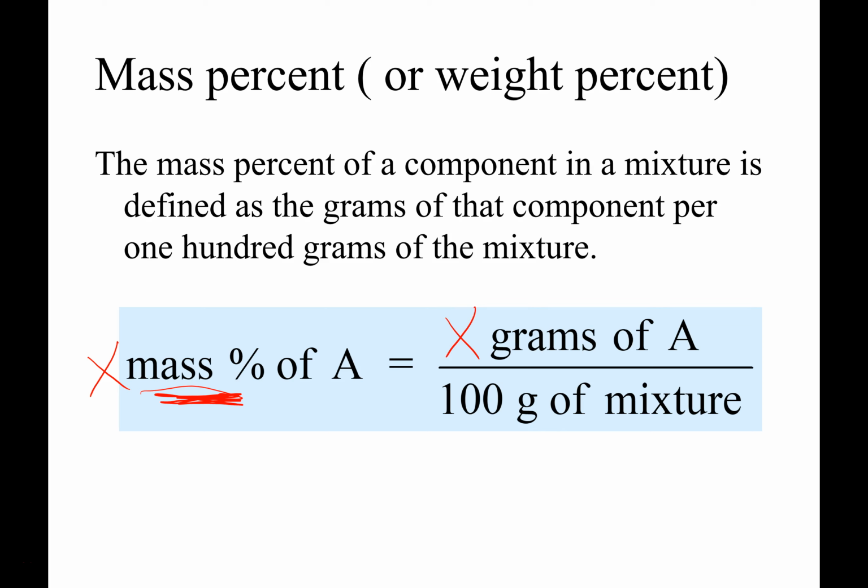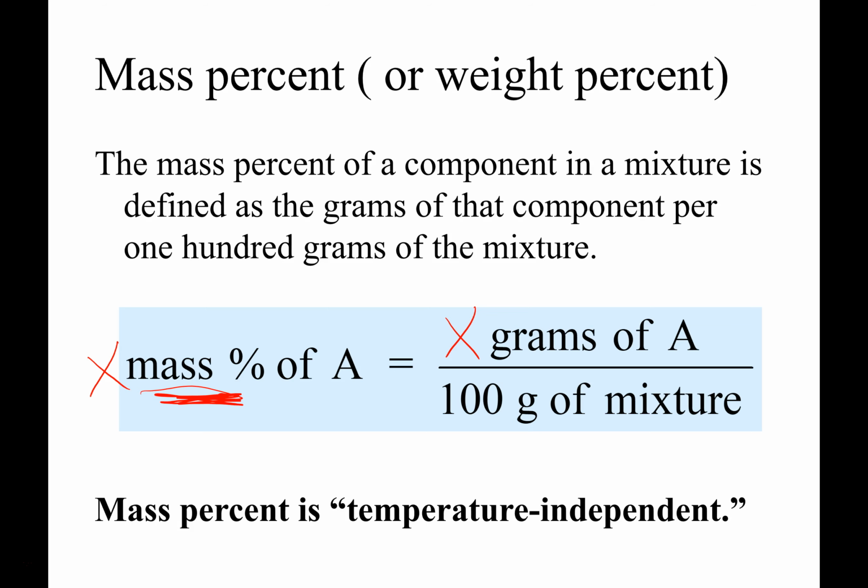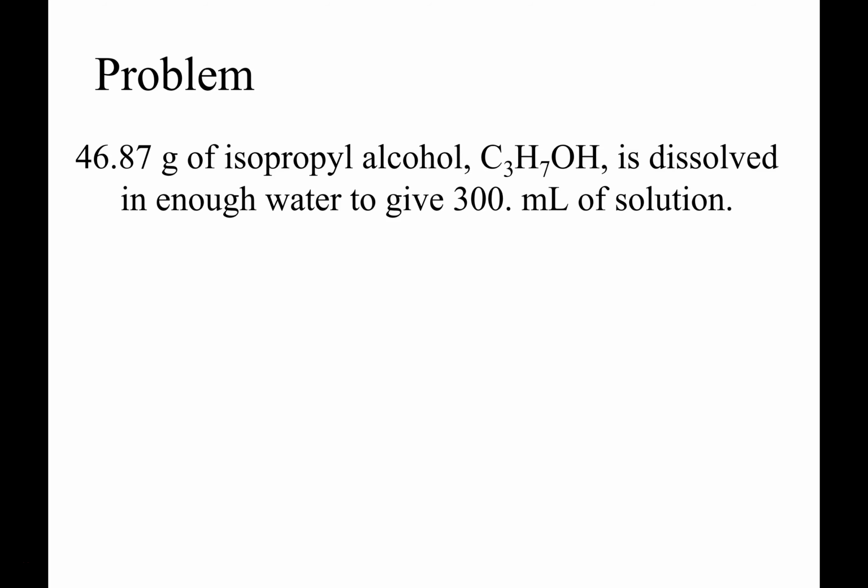And we said a solution is just another example of a homogeneous mixture. The beauty of mass percent is that since it doesn't deal with any volumes, and volume is what changes when the temperature changes, mass percent will not change with changing temperature.